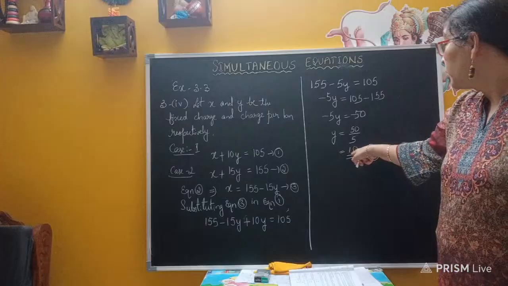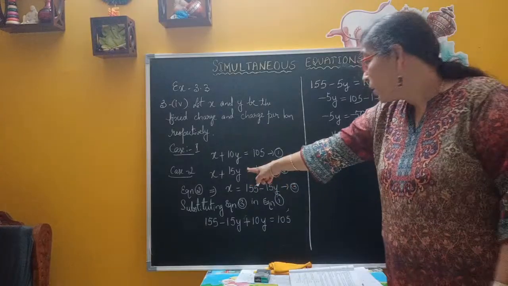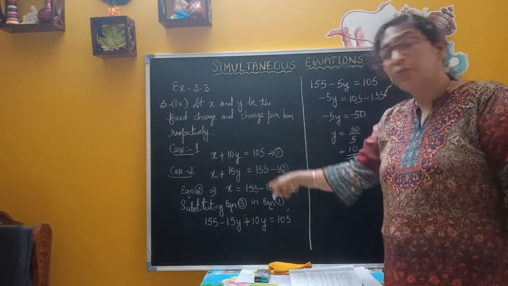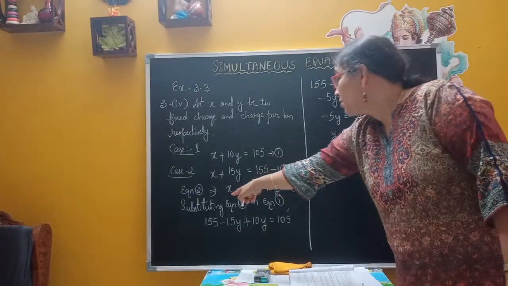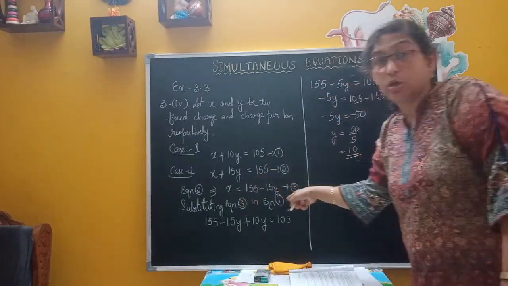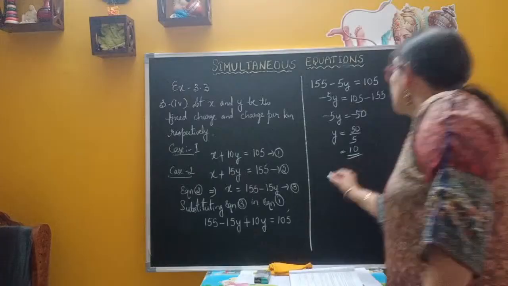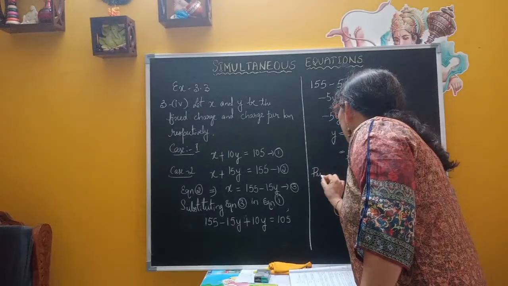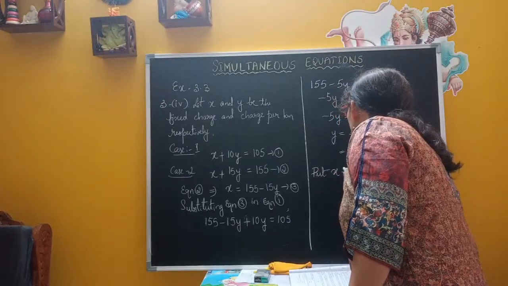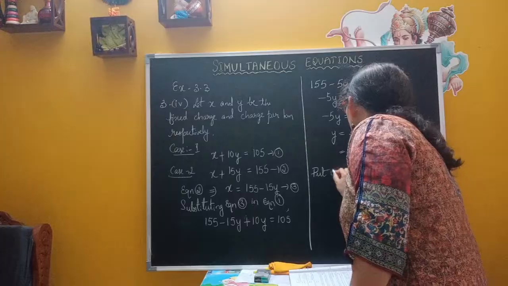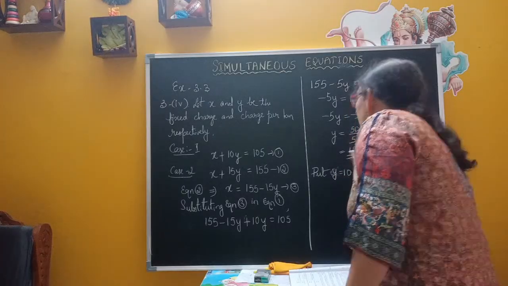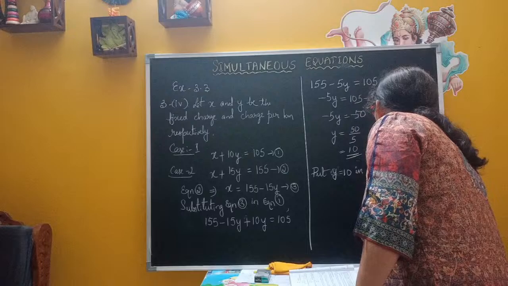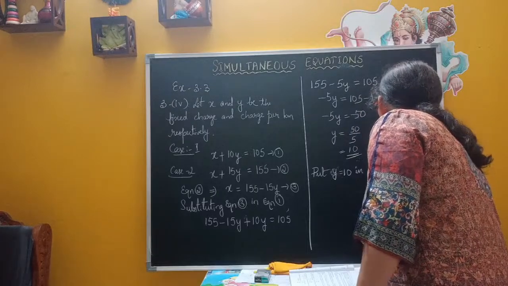So what to do? Put this value here in equation 3. Any of the equations you can use here, but let us take equation 3 because x is directly given, we have done it here. So put y is equal to 10 in equation 3.